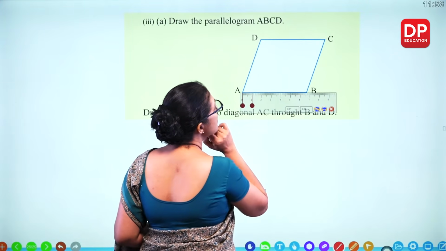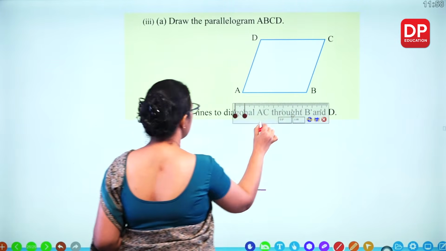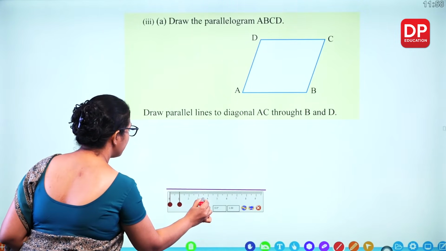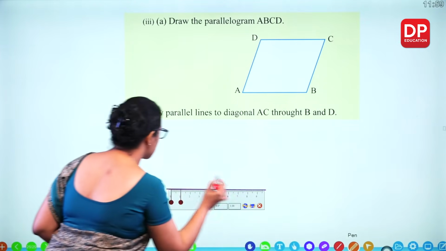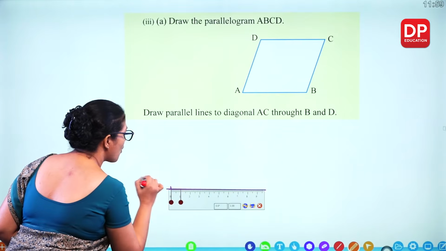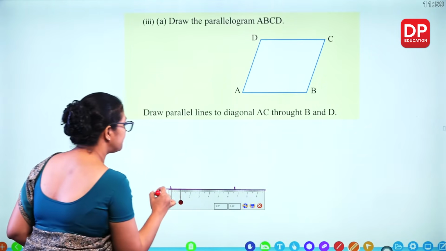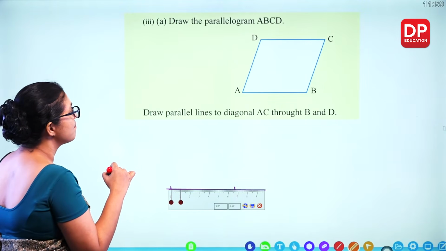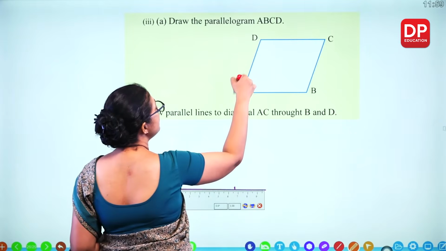So you get 6.6. So you can mark it here. 6.6. So I'll mark from here to here, 6.6. Then I need to draw this line.